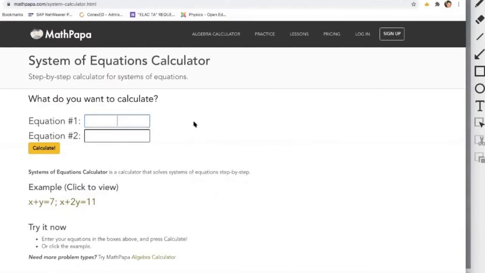And then we can just put, what was it? 3x plus y is equal to 1. And then 9x minus 6y is equal to 2. Okay.